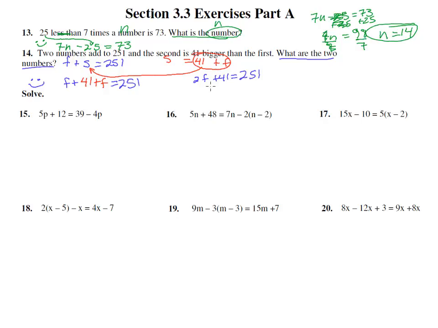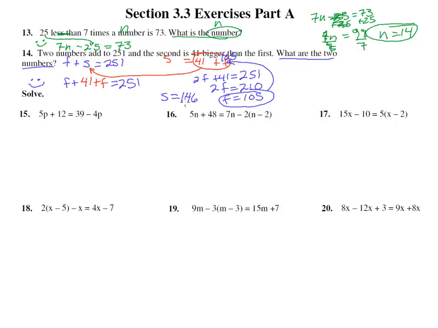We subtract the 41, we get 2F equals 210, and then F equals 105. Well, that right there gives us F is 105. We can now move that and put it right there, 105. Second is 41 bigger than the first, which is 105.